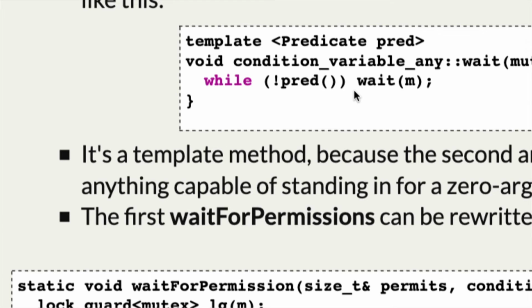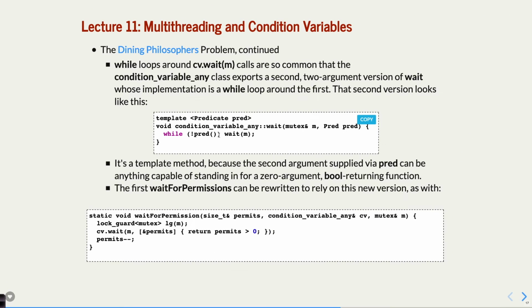So this is why these CV variables are relatively common. Now we can go one step further. This idea that maybe we're waiting for a whole bunch of threads, some concrete maximum number of them can do something. We could use this CV with this permits variable.